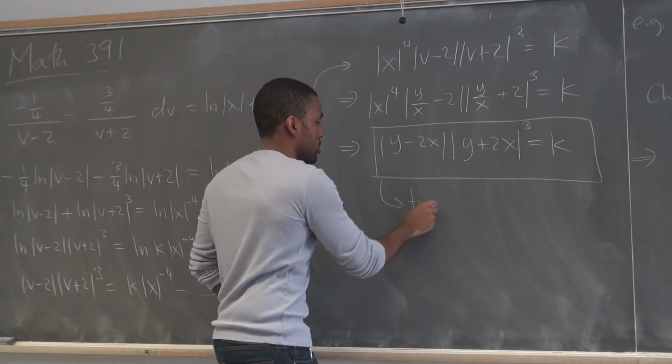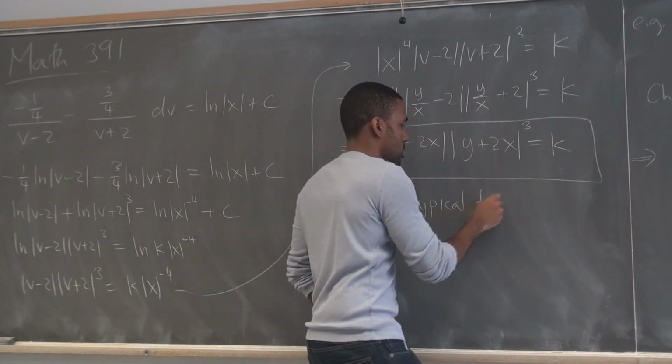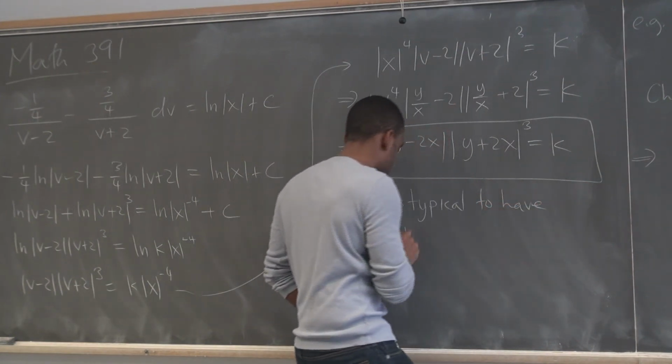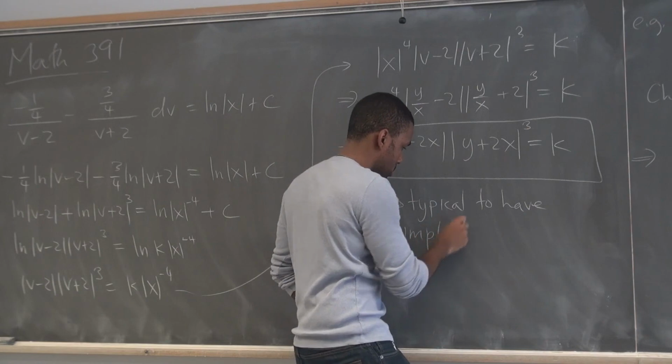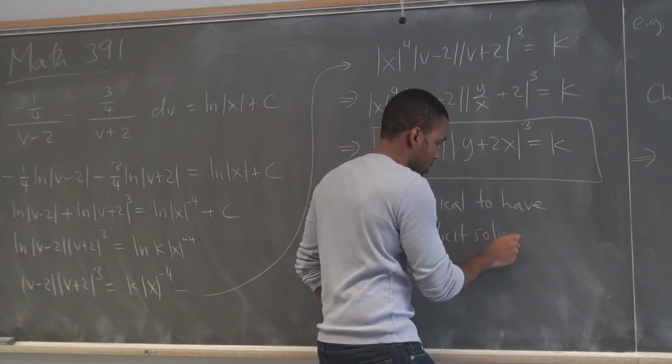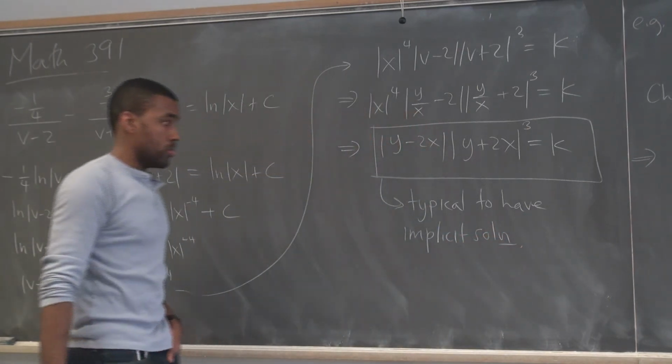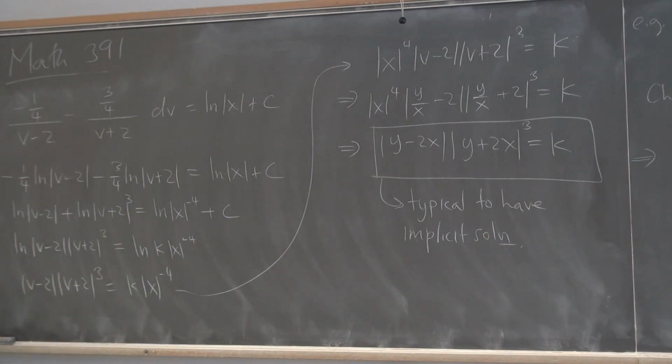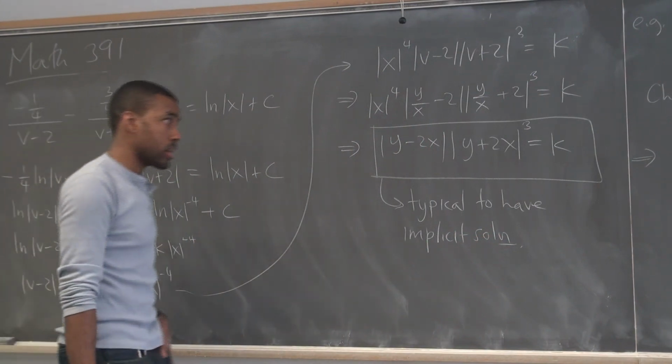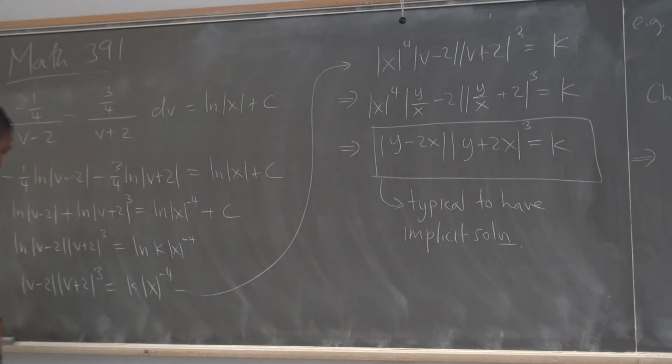It's also typical. I stole this from one of the even problems in the book, and that's how they had the solution in the back. So I decided to bring it to the same form.